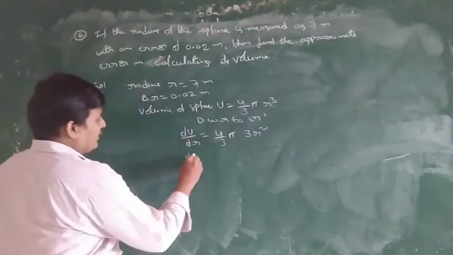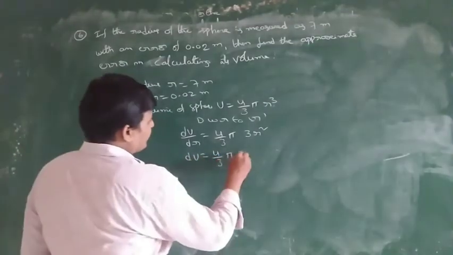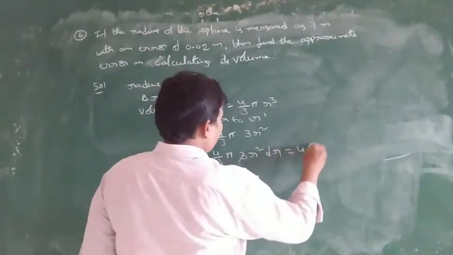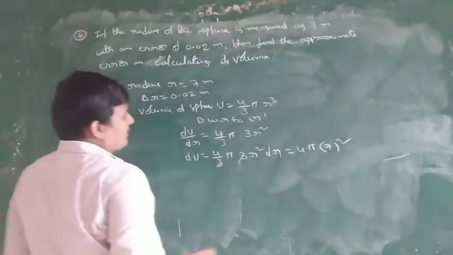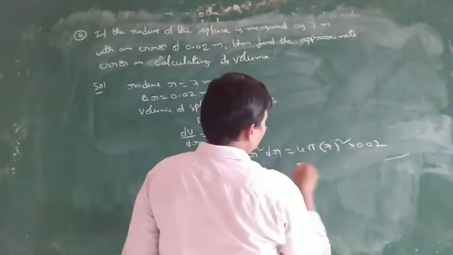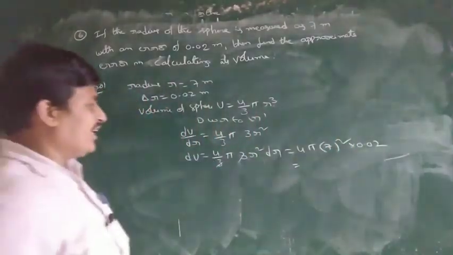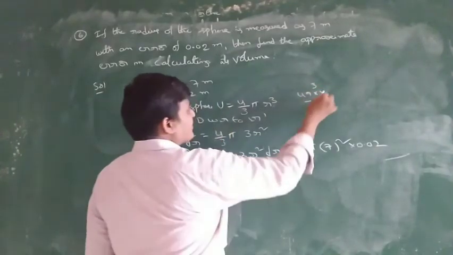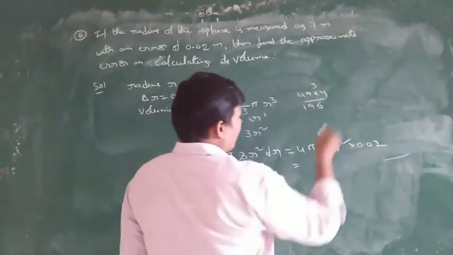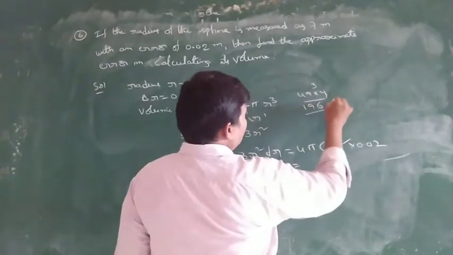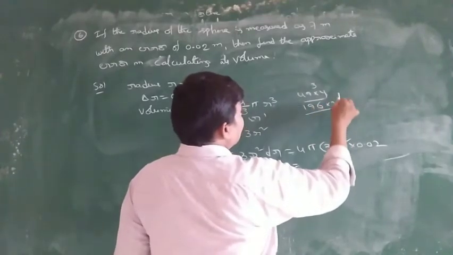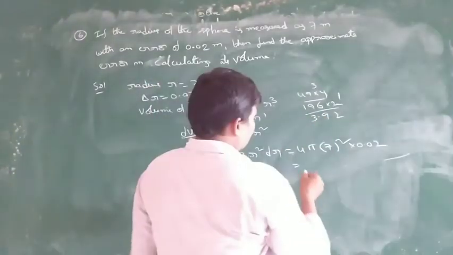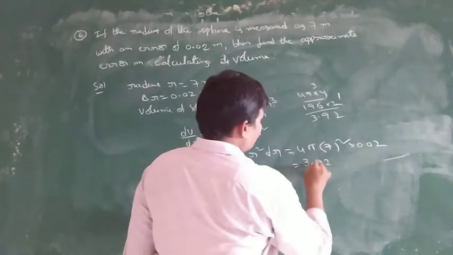So dV is equal to 4/3 pi 3r squared into dr. The 3 cancels, so that is 4 pi r squared dr, which is 4 pi into 7 squared, 49, into 0.02. 49 into 4 is 196. 196 into 2 is 392, so 3.92.